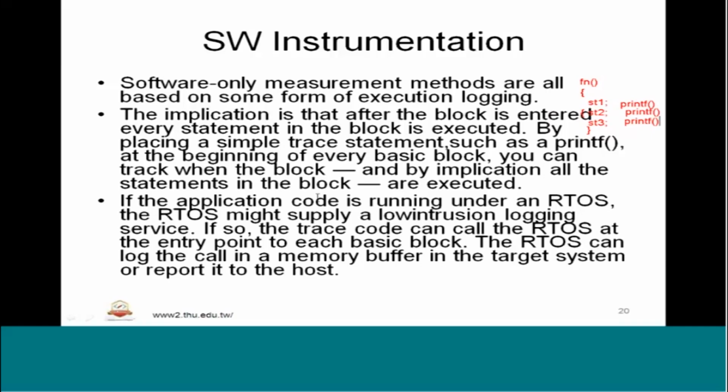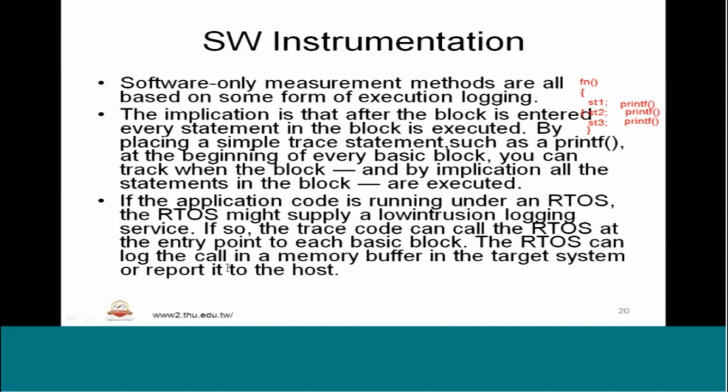If the application code is running under the RTOS, it might supply a low-level instruction logging service. So sometimes the RTOS itself will provide a trace in terms of the statements. If that is there, then a trace code can tell the RTOS at the entry point of each basic block. The RTOS can log the call in a memory buffer in the target system or report it to the host.